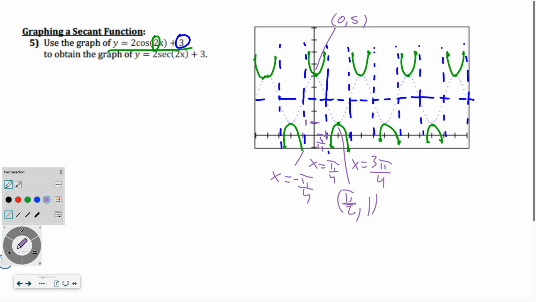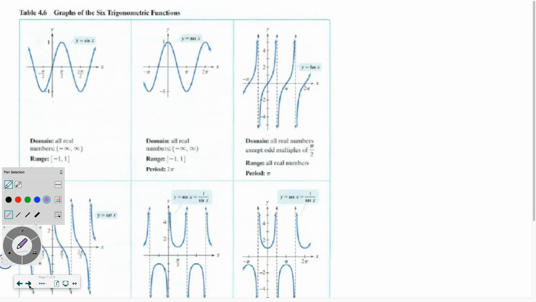Student: I don't want to ask too much redundant information, but for all of these, you pretty much graph the sine and cosine of it, and then base it off of that? Yeah. If I had a question that said graph y equals 5 cosecant of 3x plus 2, what I would do is graph cosecant as a reciprocal of what?